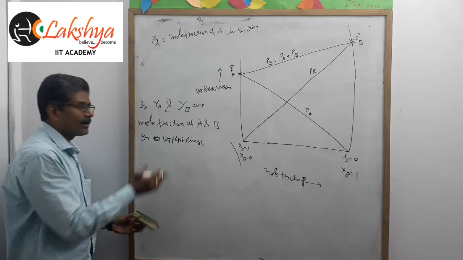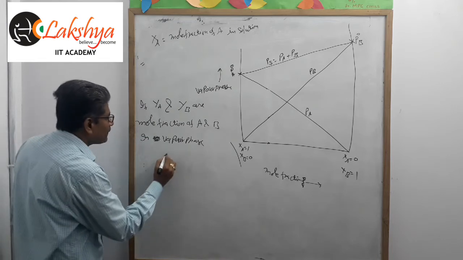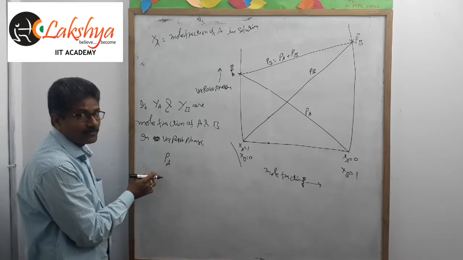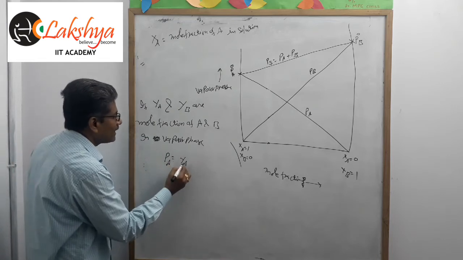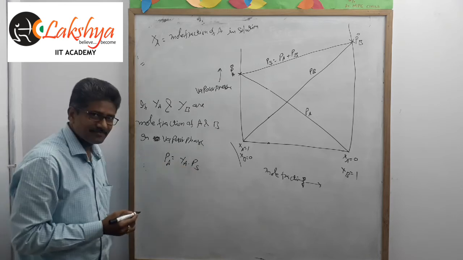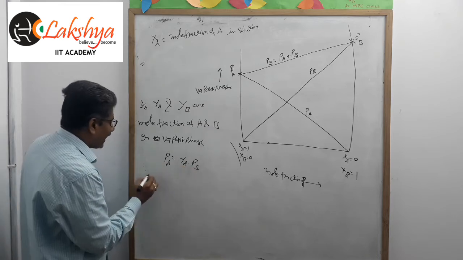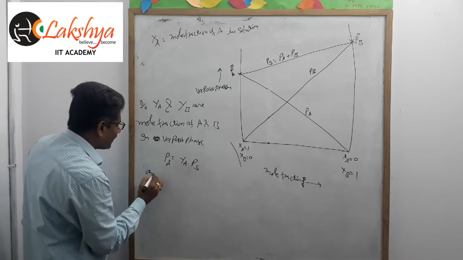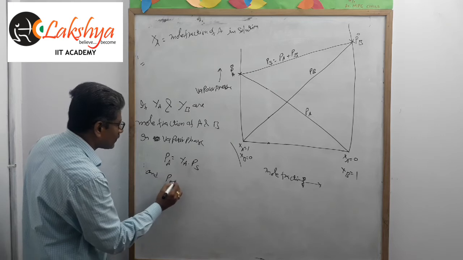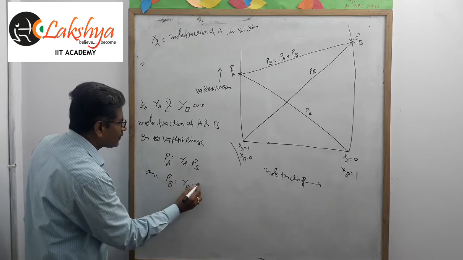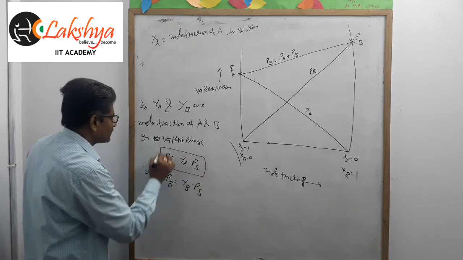Therefore, we can write PA, the partial pressure of A, is equal to YA into PS, and PB is equal to YB into PS. These are the points.